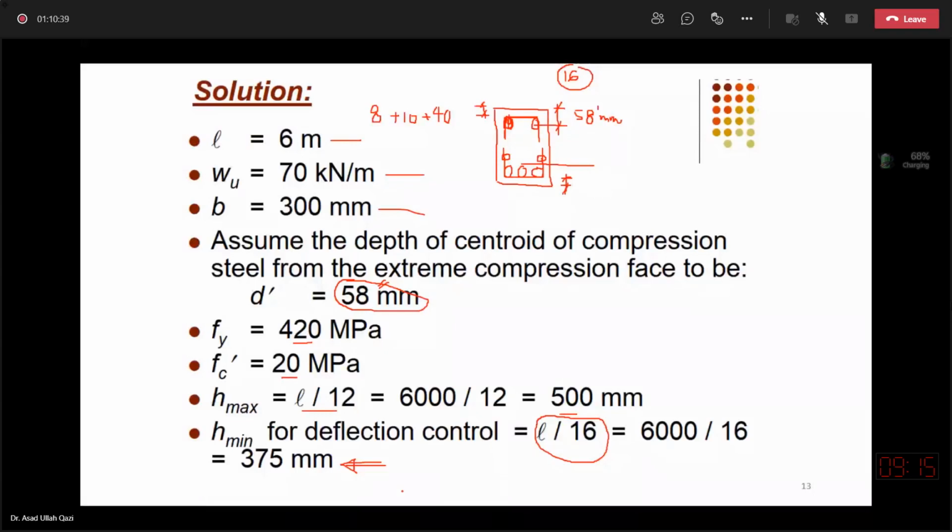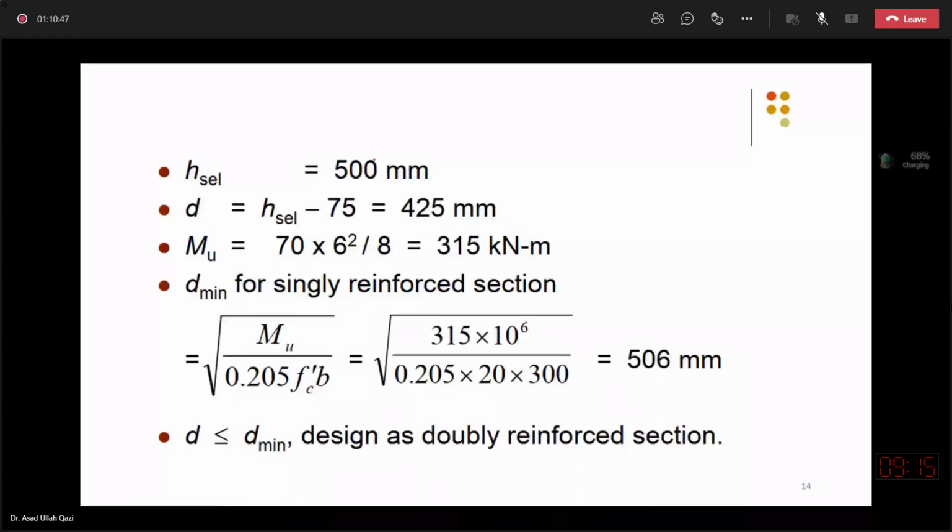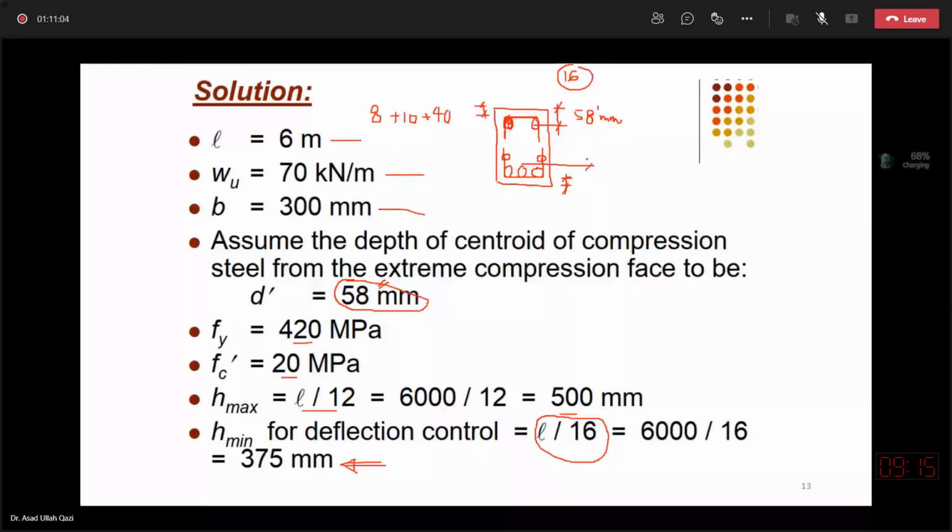But now let's find out the D minimum for singly. Here again, H selected by the architect is 500, and suppose I assumed the cover for the tension steel, as I said on the previous slide, is 75.